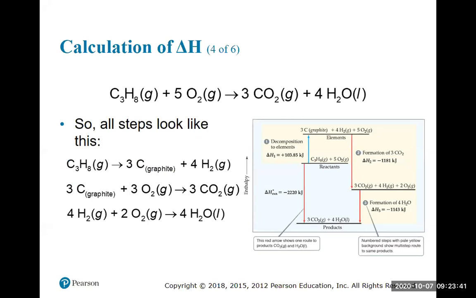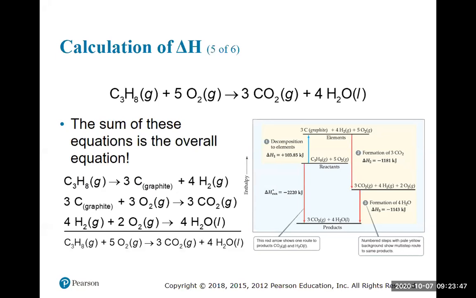And so you have all these steps, and you can have delta H values for all of these, and you can use that information. Here, once again, if we sum up these equations and cancel out the stuff that appears on each side, for instance the 4 H2s on each side cancel out, lo and behold, our sum reaction is the same as what we said our overall reaction was. So that's a good thing.